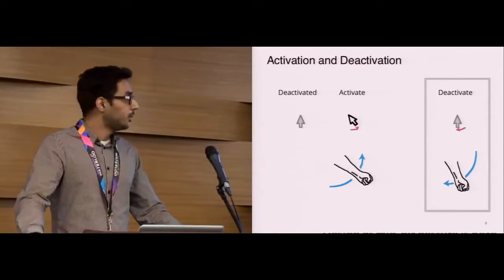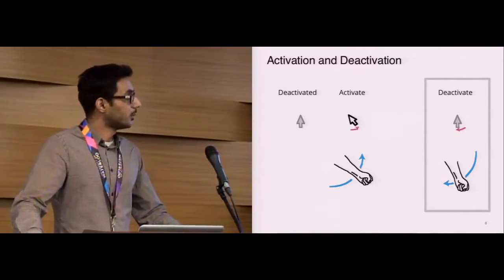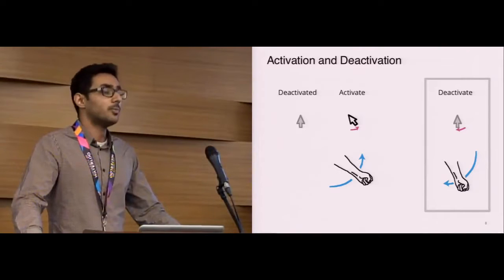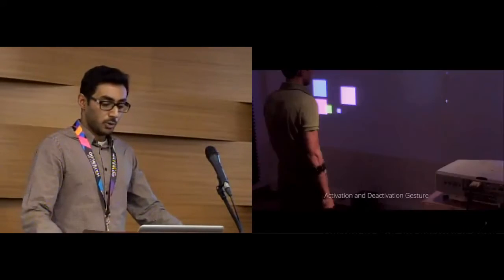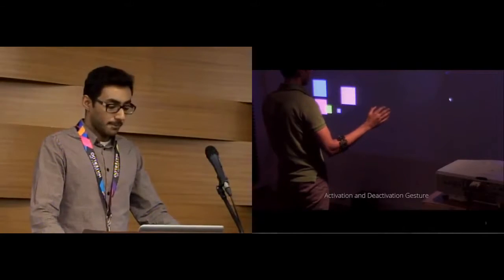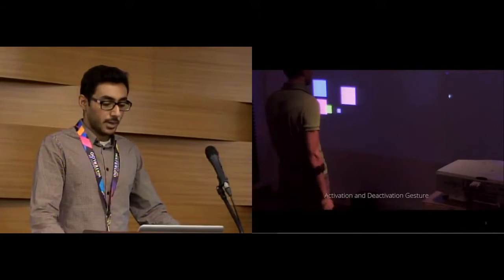And then to deactivate, it's basically the same thing as the activate, but the reverse. So in practice, this looks something like this. Here's the activate, and then the deactivate.